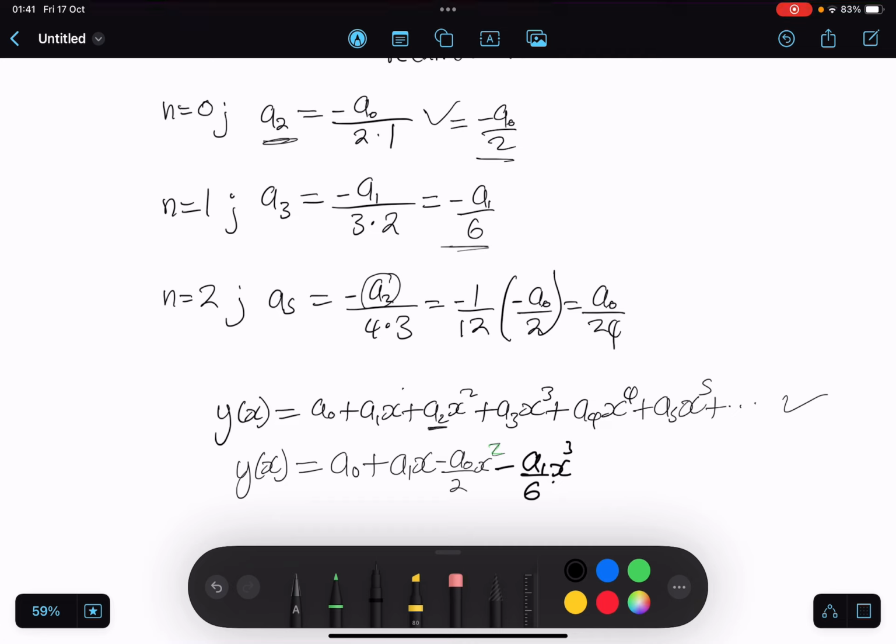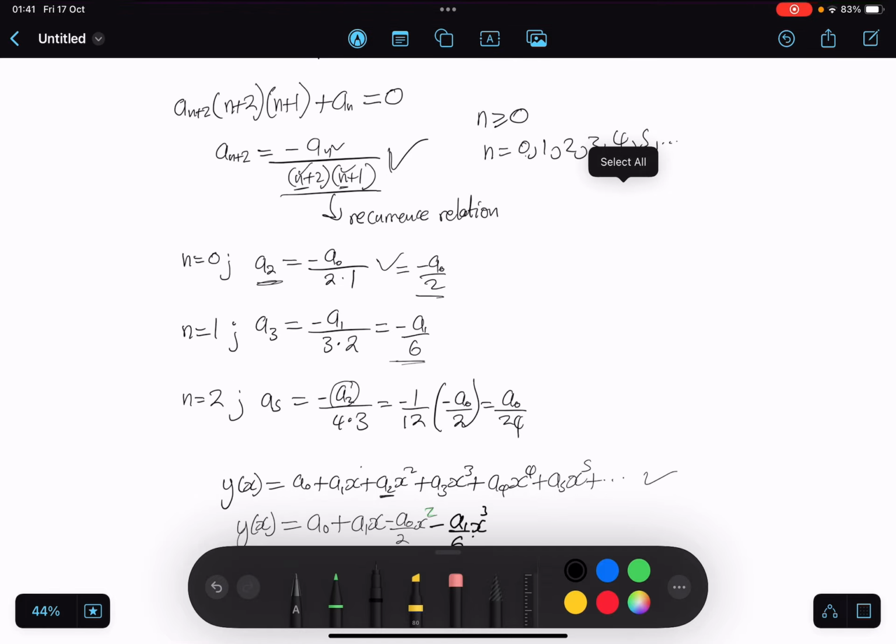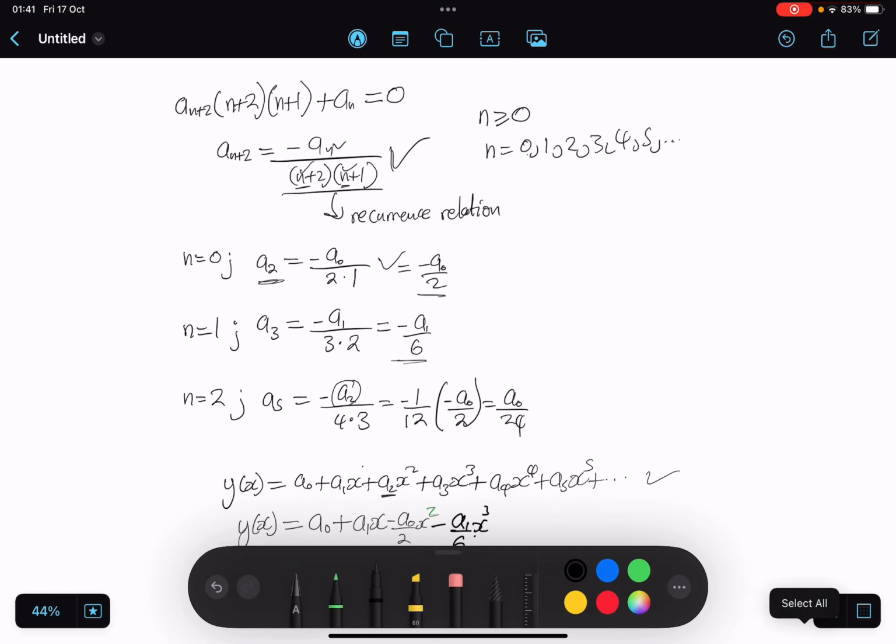A4 is what? Did we evaluate a4? From this equation, did we evaluate a4? No, this was supposed to be a4, because n is equal to 2, so 2 plus 2 is 4.